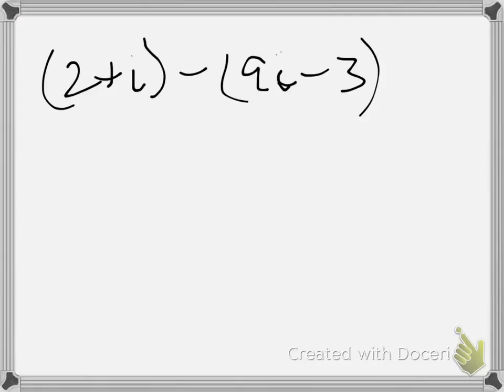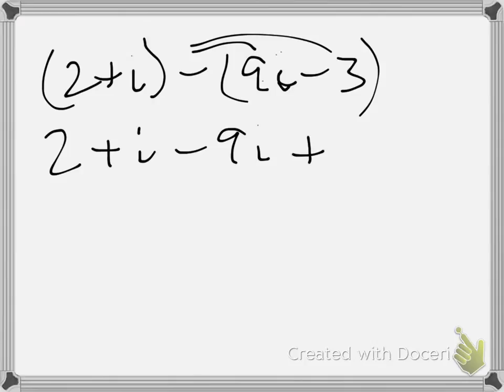Now remember, if there's a minus in front of the parentheses, that's almost like you have to subtract that whole thing. So it would really be 2 plus I minus 9I plus 3. Okay. Now combine like terms. 2 plus 3 is 5. I minus 9I is minus 8I. Notice the constant term comes first, the I term comes second.